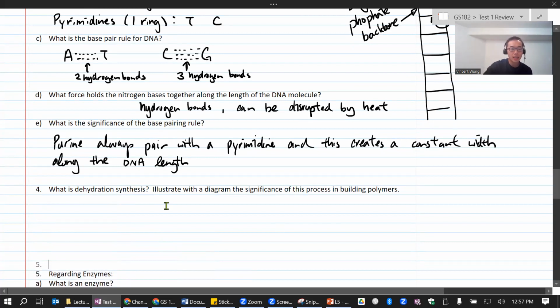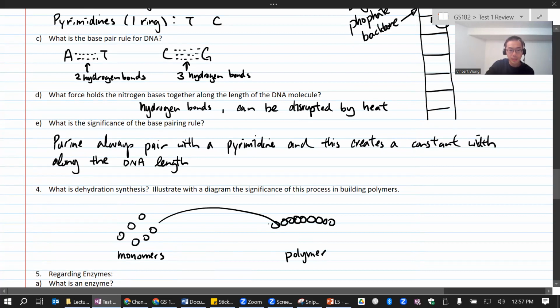What is dehydration synthesis? You might remember if you have monomers and then you have polymers, you need to connect them together. The process for connecting them together is dehydration synthesis. You're dehydrating, taking the water out.